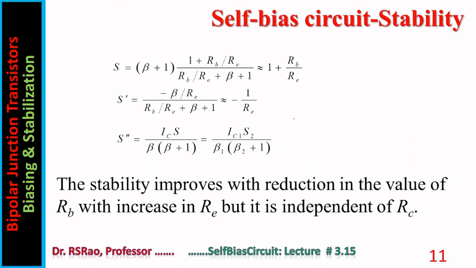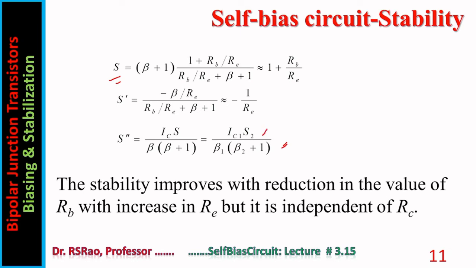The definitions of S, S prime, S double prime can be applied to the equation that we derived in the previous slide, connecting IC naught, beta with VBE, and determine expressions for the factors. We get S as 1 plus RB by RE, S prime as minus 1 by RE, S double prime as IC1 S2 by beta 1 (beta 2 plus 1).